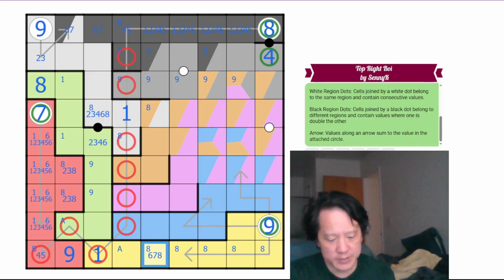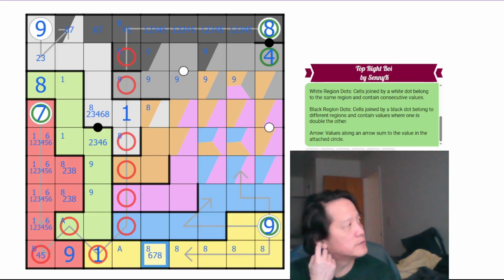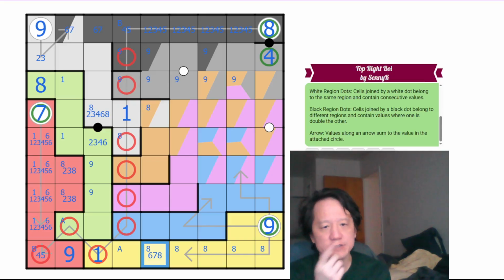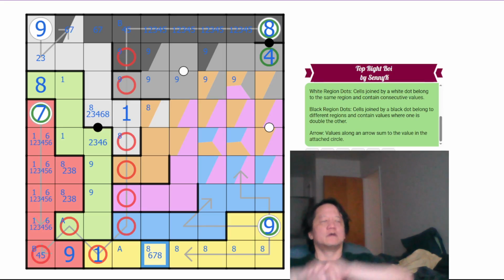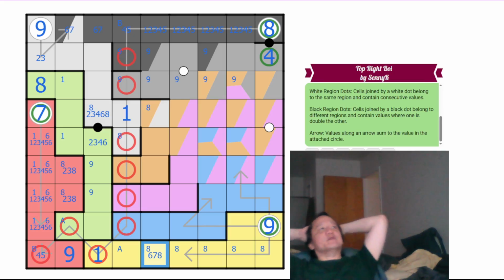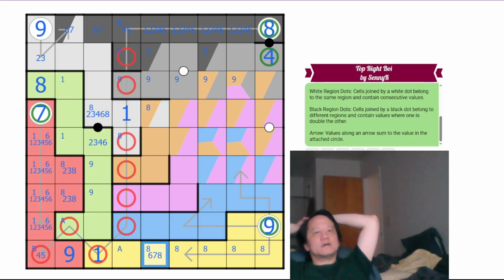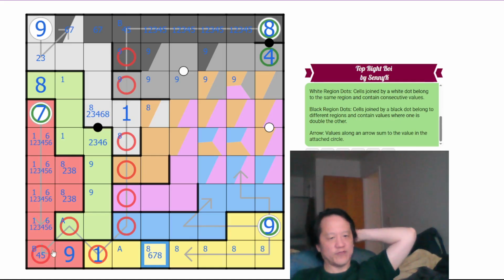What are the other possibilities to add up to 18? So we have it with 8. What about 7s? If you have 7, it could be 2, 3, 6, 7, which adds up to 18. Or 2, 4, 5, 7 adds up to 18. But that's not possible because this must be 4 or 5 here.